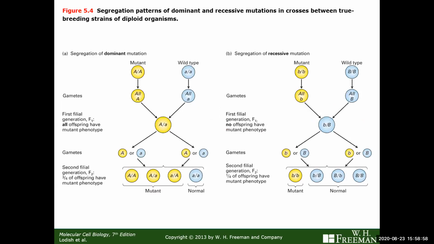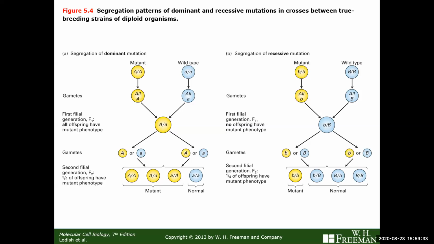Again, coming back to the meiosis, you look at it like this. The way the genotype is denoted is that the capital A in yellow is the mutant genotype, and small a in blue is the wild type genotype.